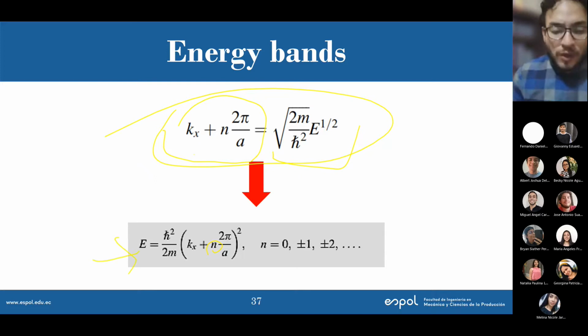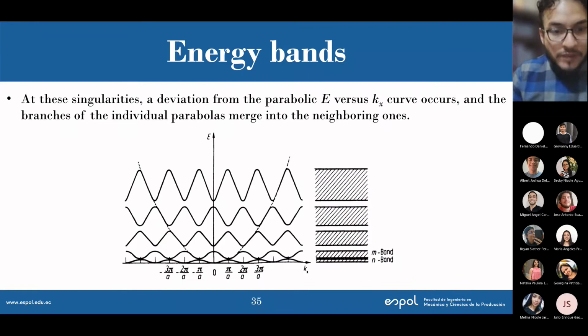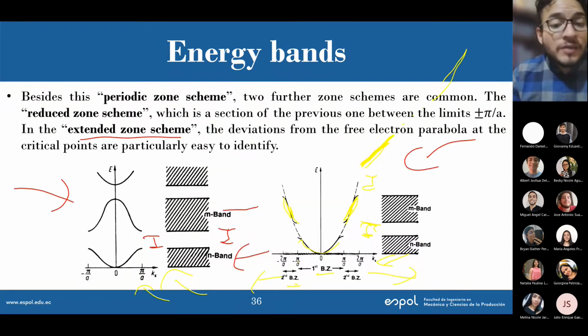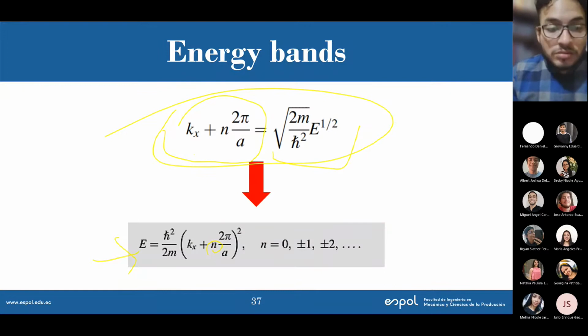Do you remember those plots? And actually all the plots we've been doing here, all of these plots are energy versus k values, right? I can use different values of n, and I'm going to get the shape of the branches of the free electron bands. That just means I can solve for E, right?